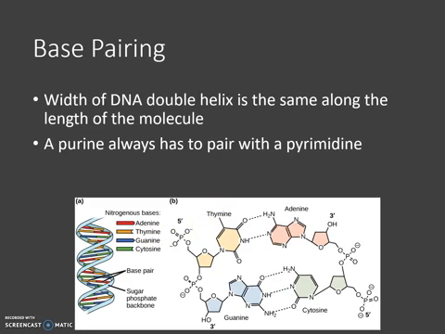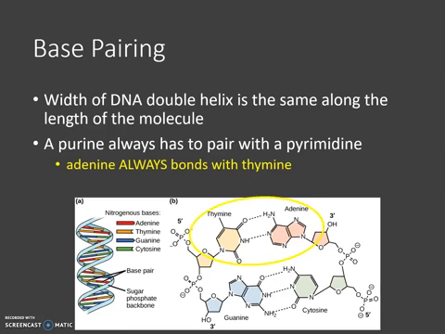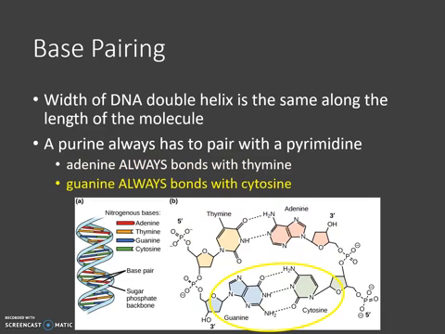And if, say, thymine and cytosine bonded together, it would make that part of the double helix thinner in that area. And we just don't see that. So we know that a purine always pairs with a pyrimidine. And we now know that adenine always bonds with thymine, and guanine always binds with cytosine.